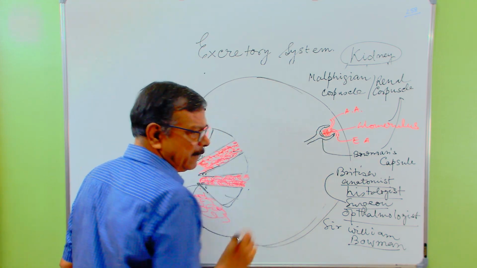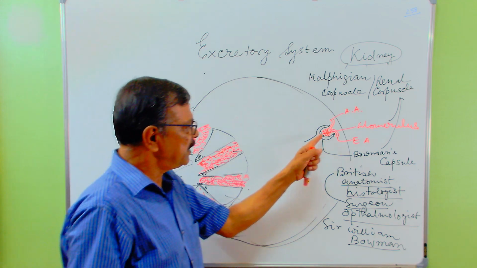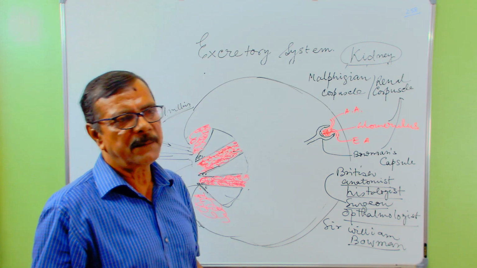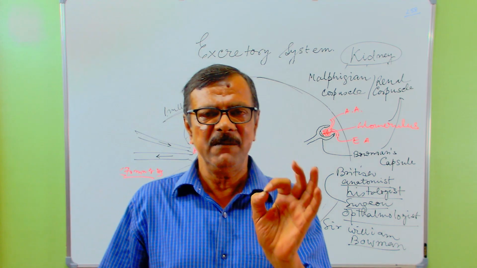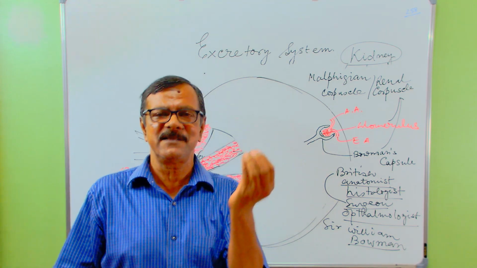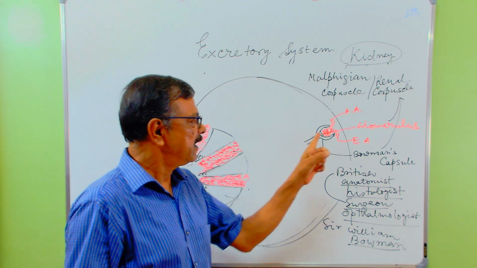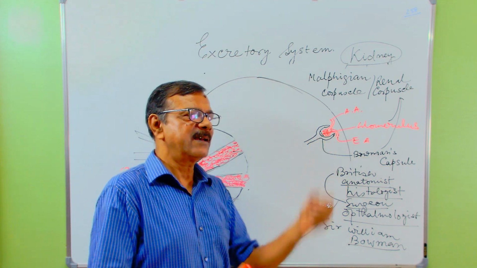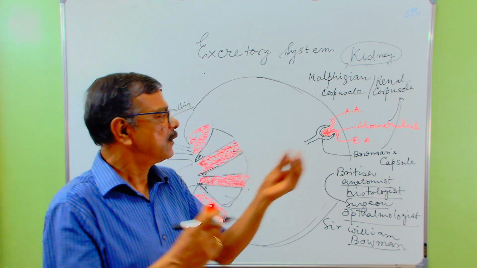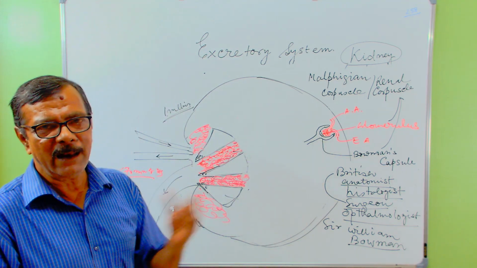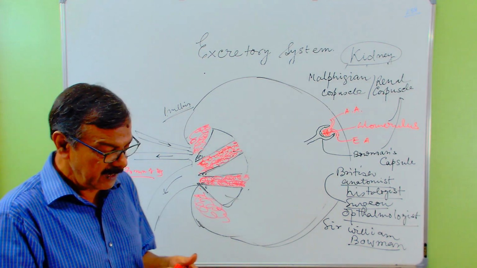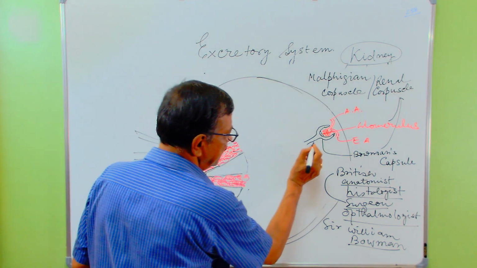It filters the urine. Along with urine, so many other things pass because it has a pressure of 70 mm of Hg. So almost everything other than the cells and big proteins goes out, and the waste, including the essential items, goes out along with the urine. So this is the first filtration urine, and it comes here.